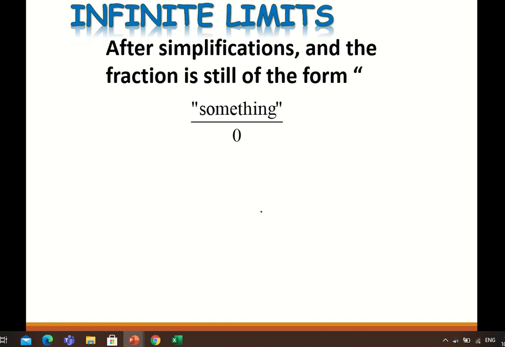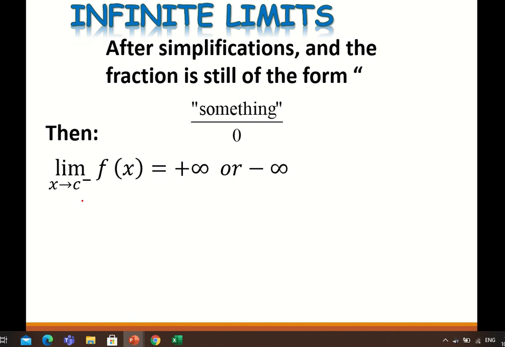What is that equal to? If we have that scenario, then the limit of the function of x as x approaches c from the left is equal to positive infinity or negative infinity. So it depends on the given expression.